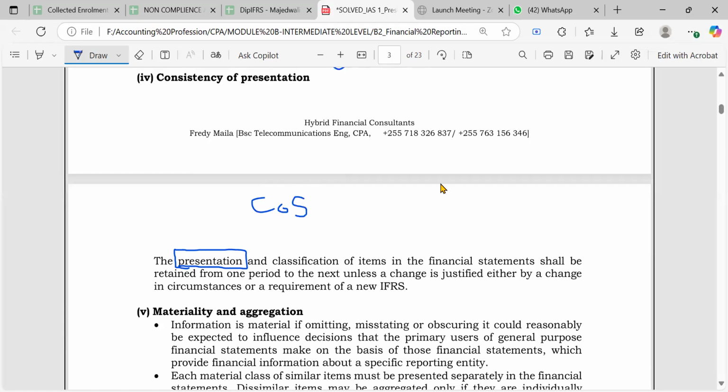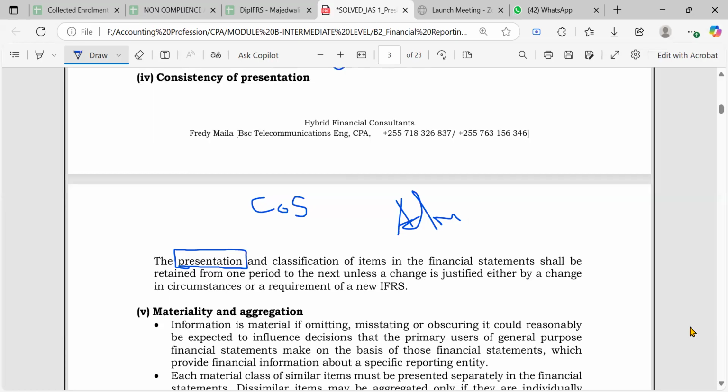Not this year you put it in cost of sales, and next year you put it in administrative expenses. That would be wrong. So you have to be consistent in your application. Consistency helps to comply with comparability. It helps when you want to compare financial statements for different years, right?